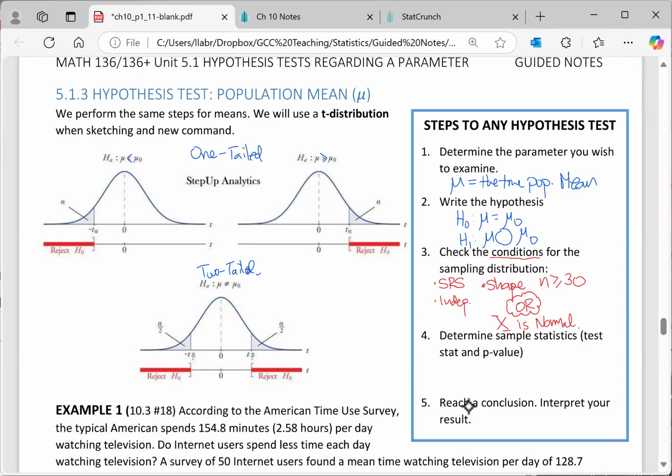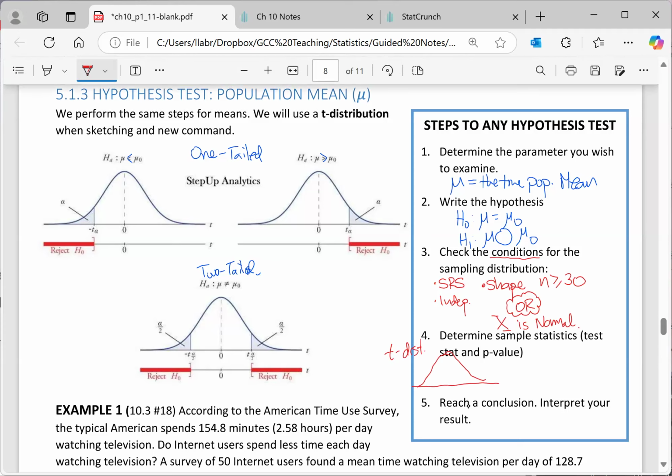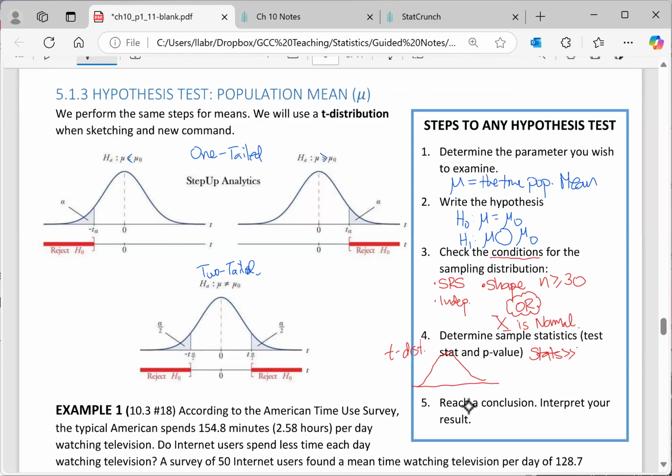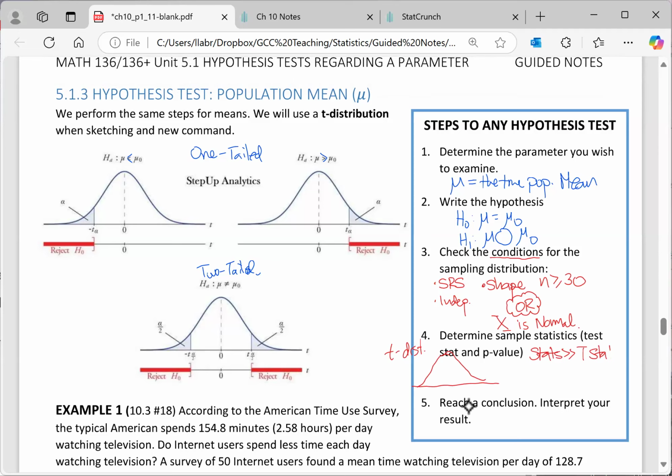So this is what we did in the previous section when we were given data, and sometimes we need to check normality by checking QQ-plot and box plot. That's about it. The next thing will be very similar. You will go ahead and sketch a t-distribution because it's a mean. And therefore, the command will be stats t-stats. And that's about it.